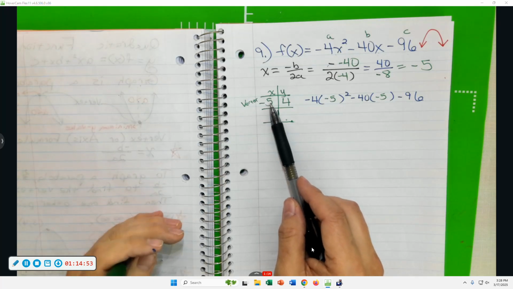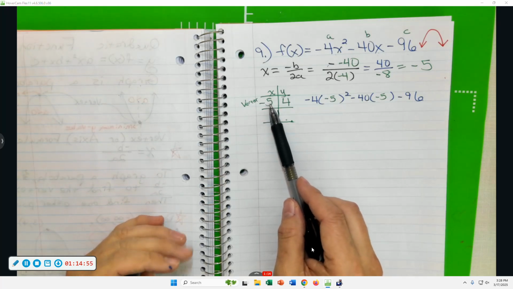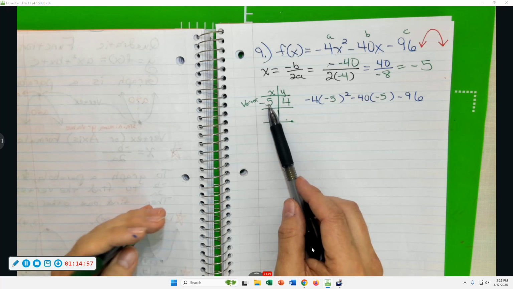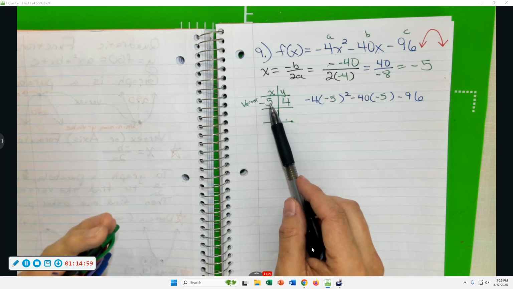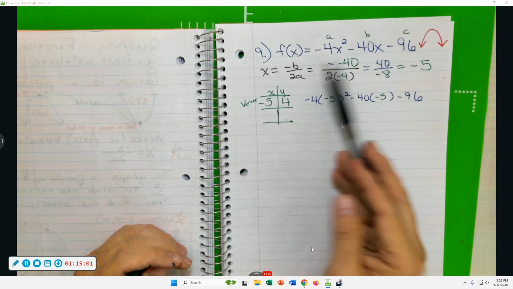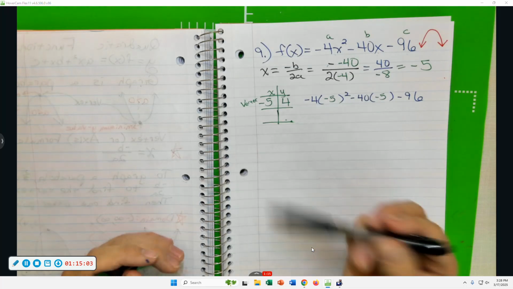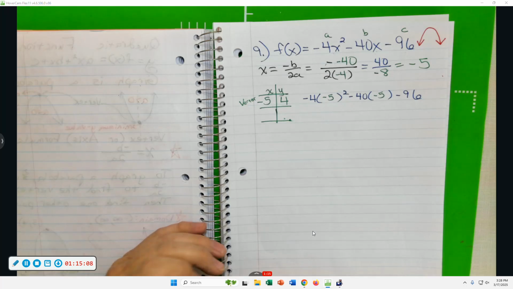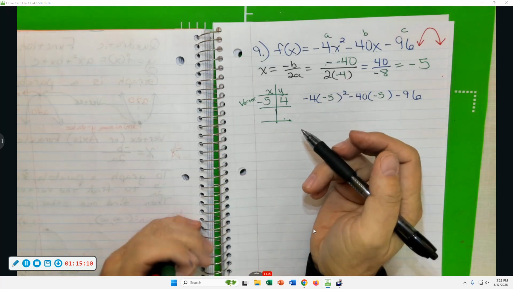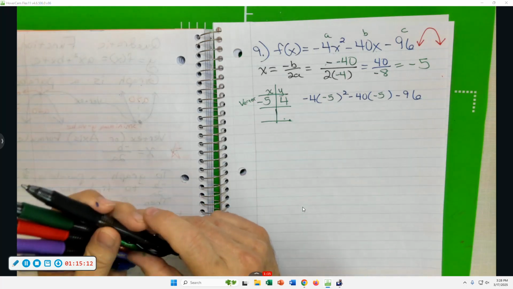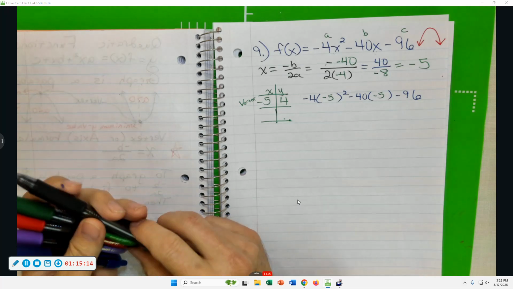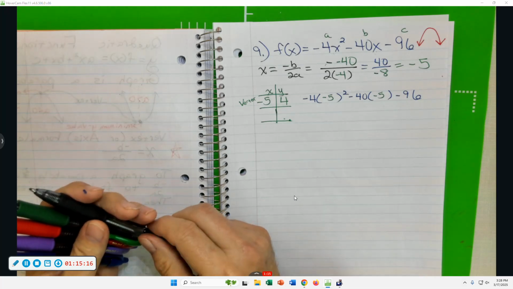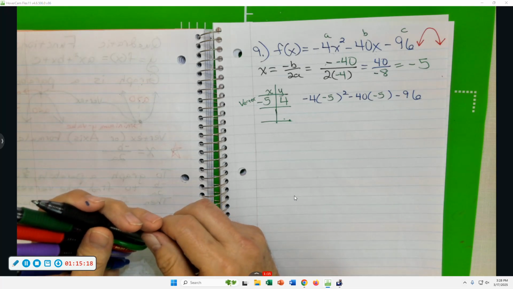I bet if you use, say, something like negative 1, you'd get something way too far off the grid. So for our purposes, I'll use either a negative 3 or a negative 7. It doesn't matter to me. We'll still get the same graph at the end. What number do you want to plug in for x?